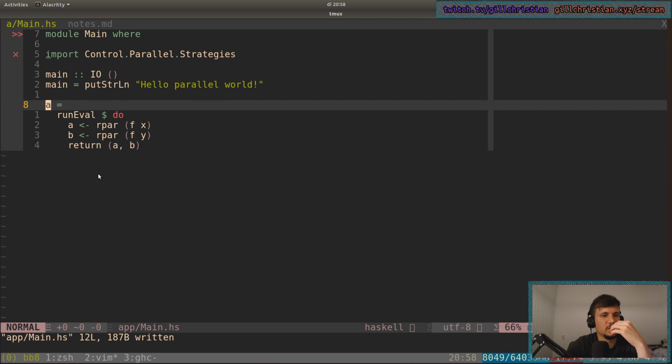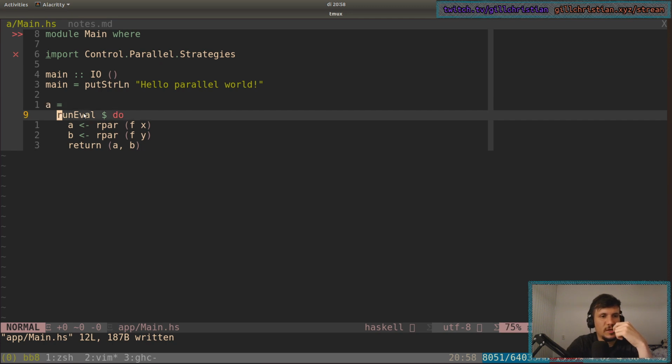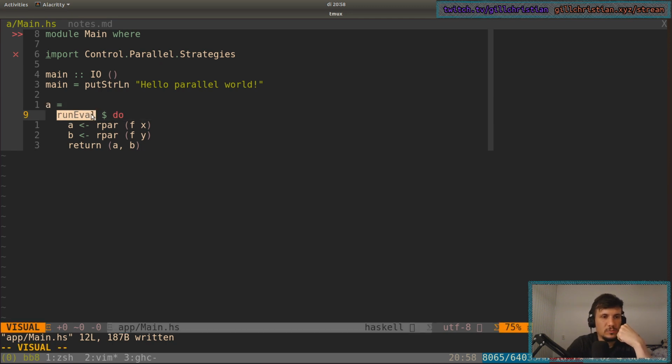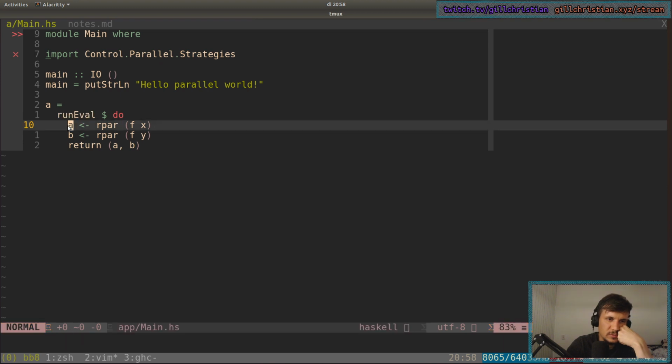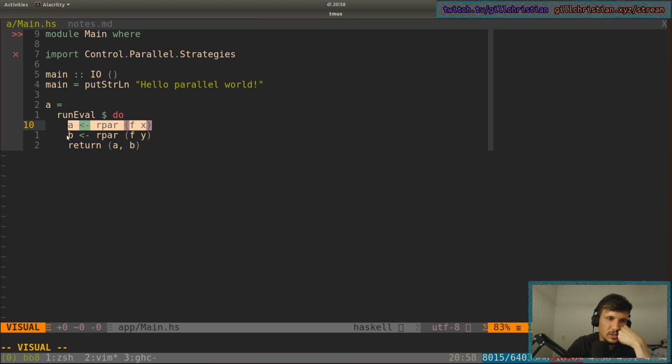But what's happening here? So it runs the Eval, so this is something in the Eval monad, and what it does is first get something in parallel, then the next one in parallel does both.